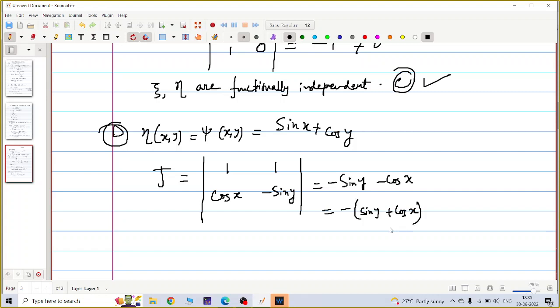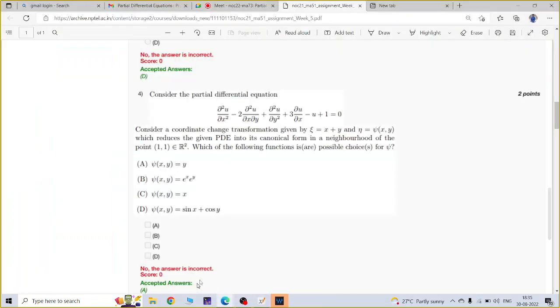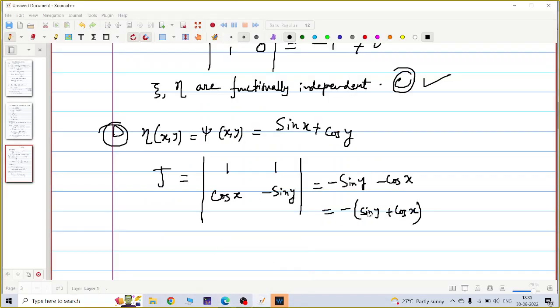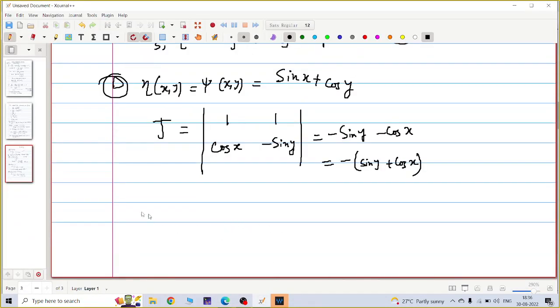Now tell me, it is in a neighborhood of some point you have to calculate this, not in the whole region. You have to consider it in a neighborhood of the point 1, 1, a small neighborhood. So tell me, is it 0 or non-zero in the neighborhood of 1, 1? This is x-axis, this is y-axis.